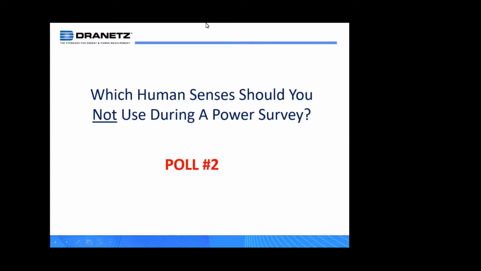So here we're going to do another poll. And this poll is, which human senses should you not use during a power survey? Let me just bring up the question poll, and we'll launch the polling here. And we'll wait for your responses. And I appreciate your participation.